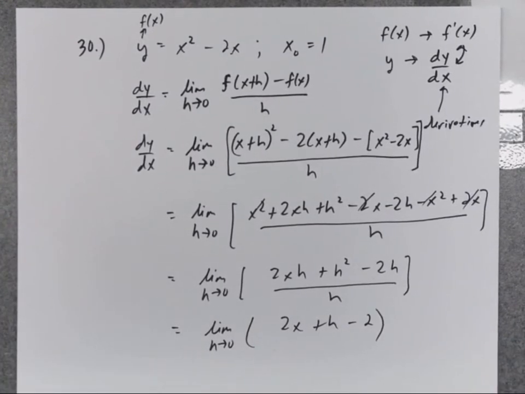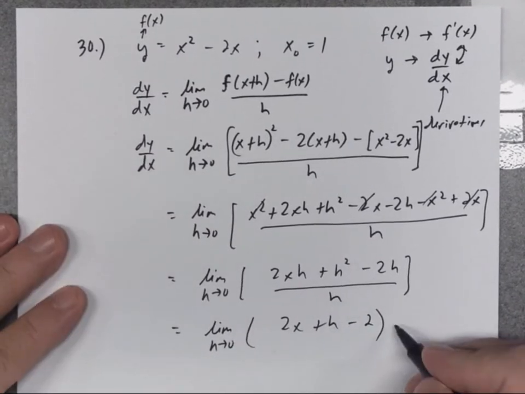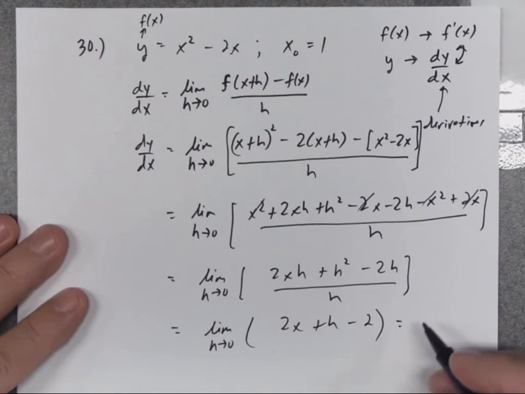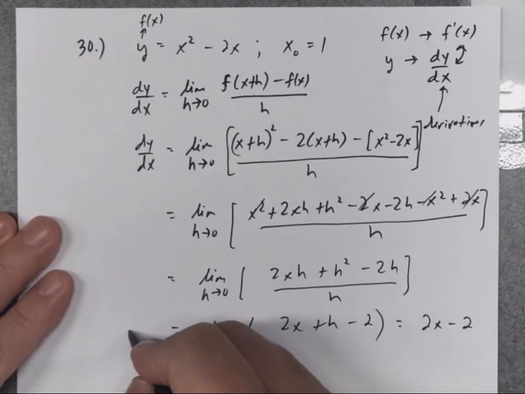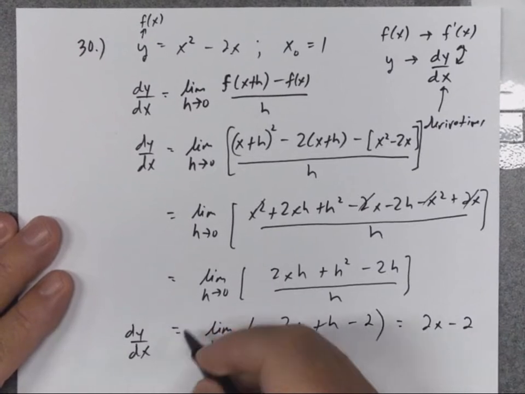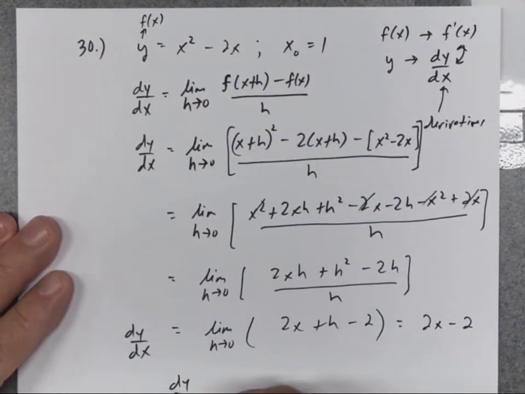Now if I take the limit as h approaches 0, I go and plug in 0 for h. Nothing unusual happens. So I say the derivative of this original equation, let me write it down here.